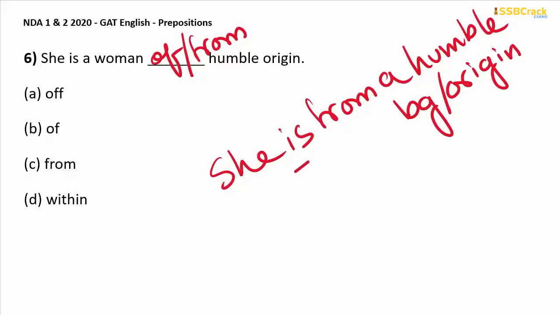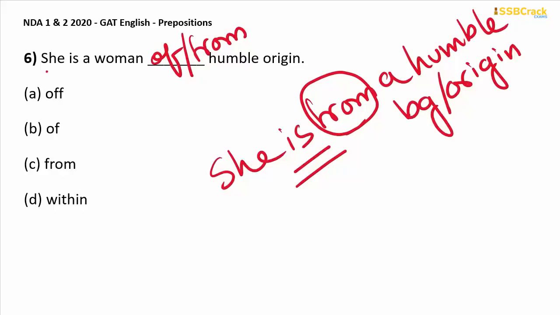So here the verb is not followed by anything else. So when there is no word following is or following any other verb, the preposition from is used. But whenever a word follows the verb, then you have to use of.